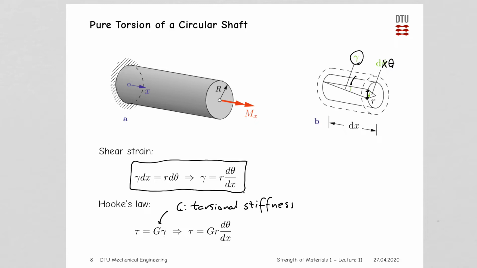So now inserting the relation for the twisting angle, we then get the following connection between the shear stresses and the twisting angle.